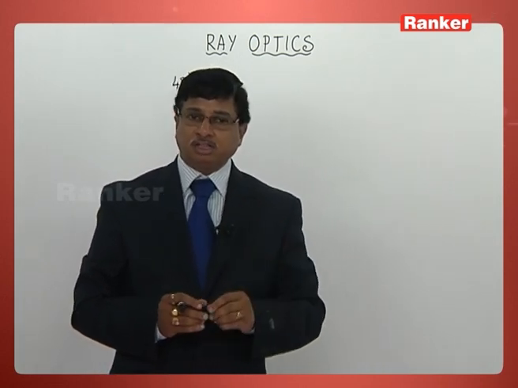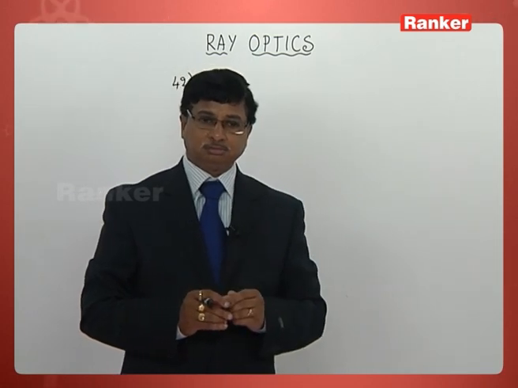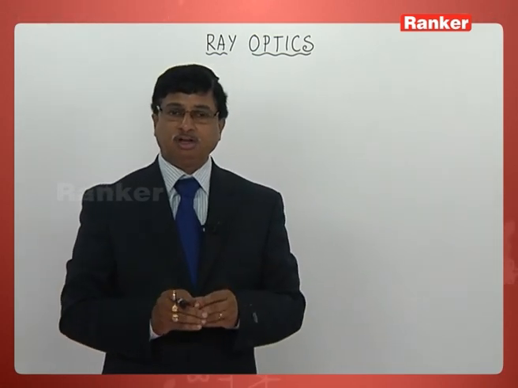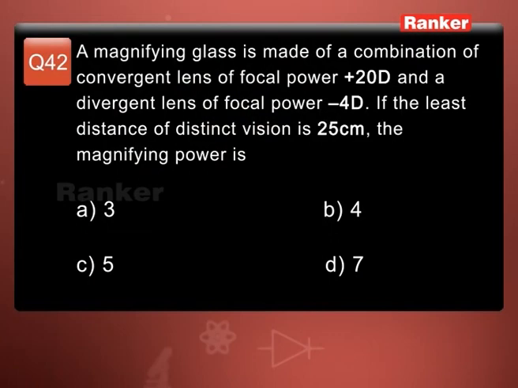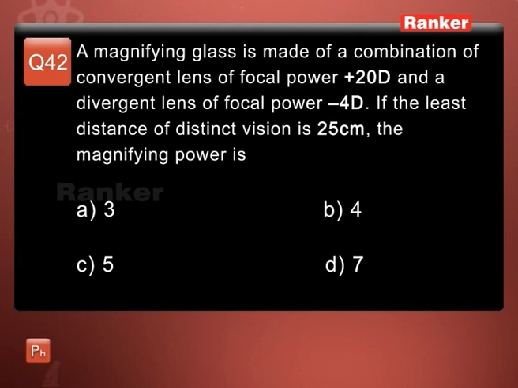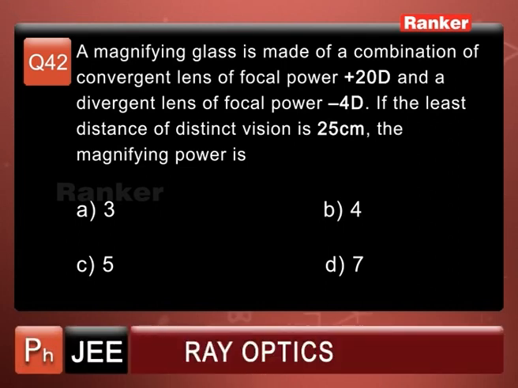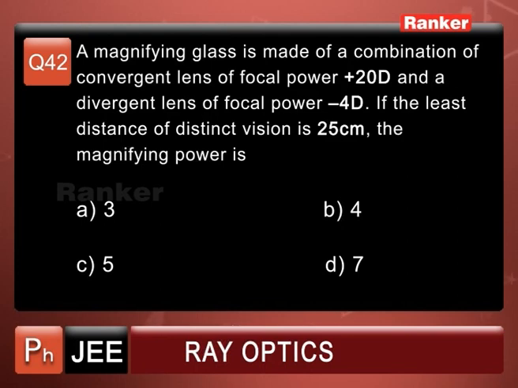It is nothing other than a simple microscope for us. So magnifying glass and simple microscope are one and the same. A magnifying glass is made of a combination of a convergent lens of focal power plus 20 diopter and a divergent lens of focal power minus 4 diopter.